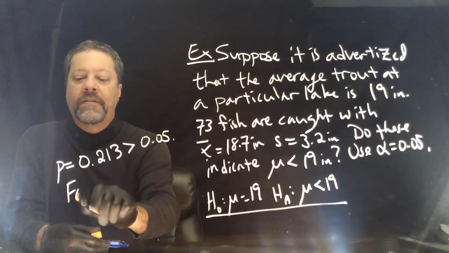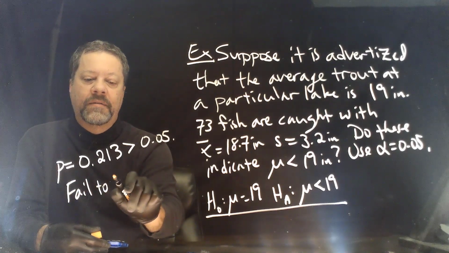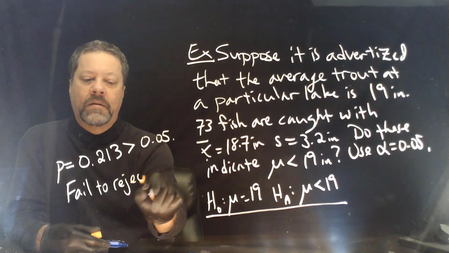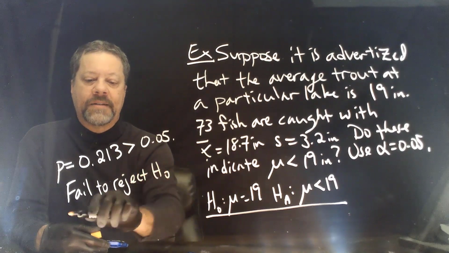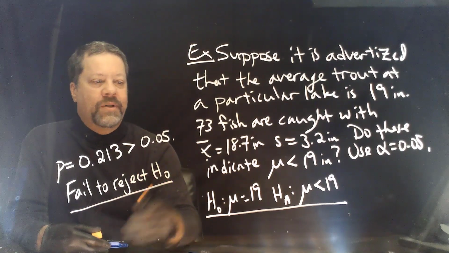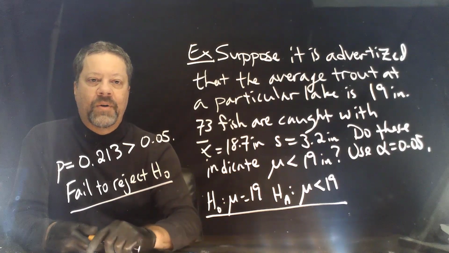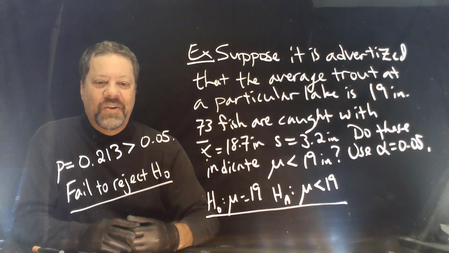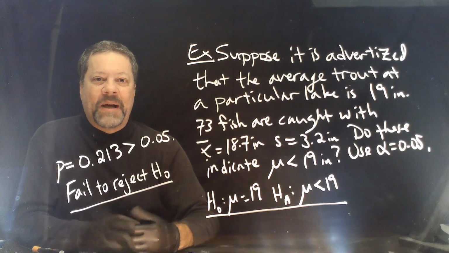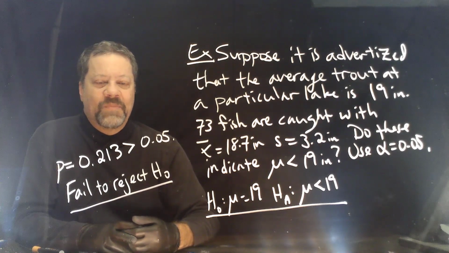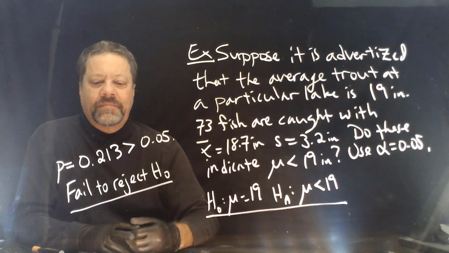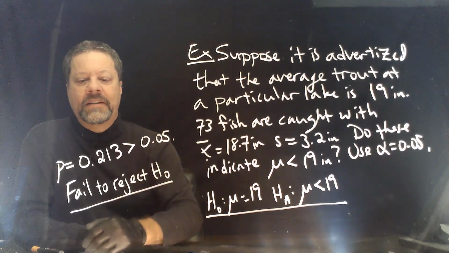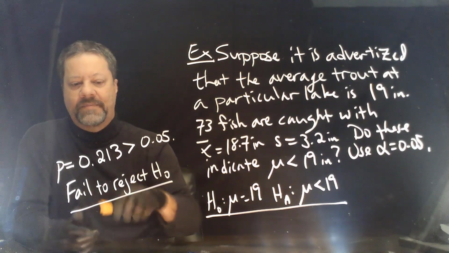Therefore, we fail to reject the null hypothesis. We do not have sufficient evidence to show that the null hypothesis is not true. Note that belief is a hard word to come by in this business. It's more about confidence. We're not confident enough to reject the null hypothesis.